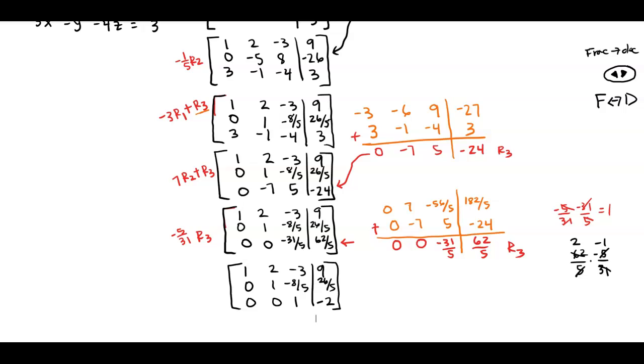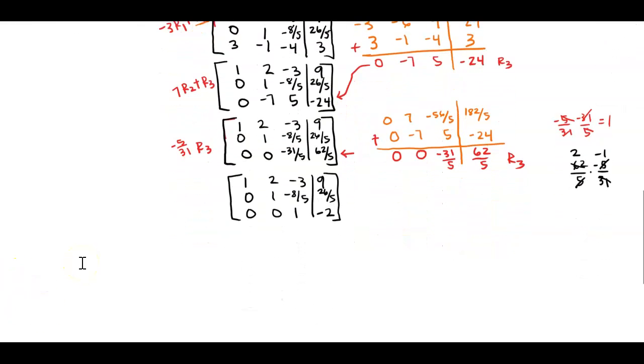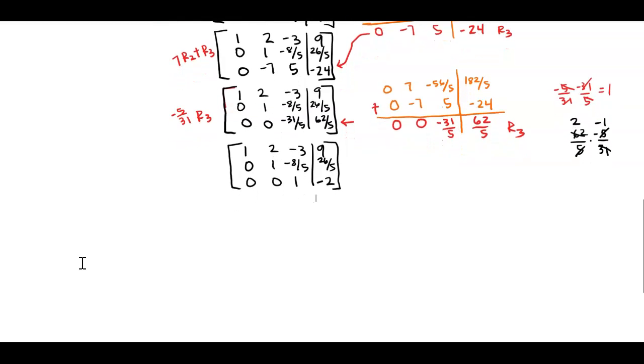But most people opt to say, okay, I'd rather not keep going with these matrices, so I'm going to convert these back now to equation form. Okay, so let me show you what I mean by that. So this top row would convert to be 1x, so just x, plus 2y, minus 3z equals 9.